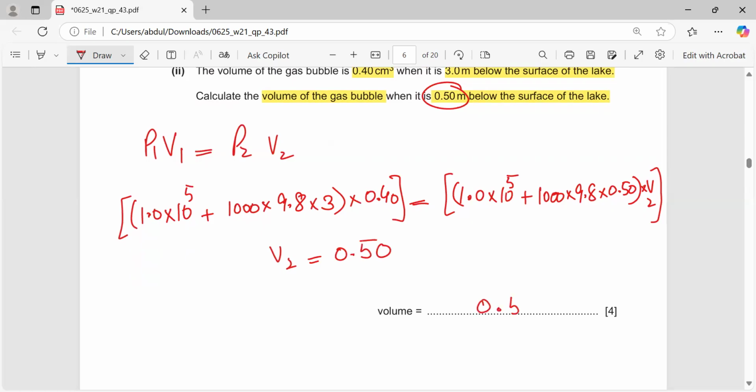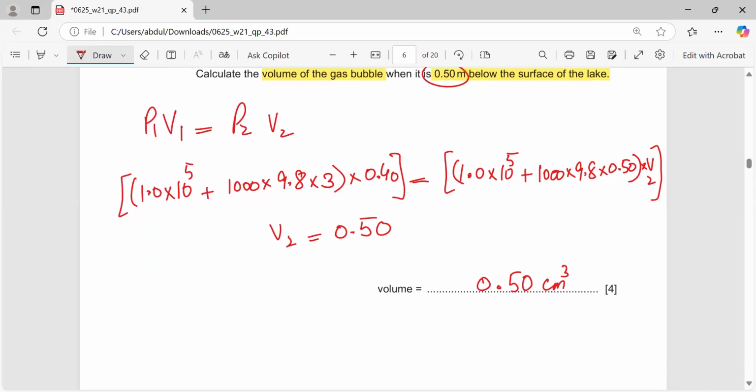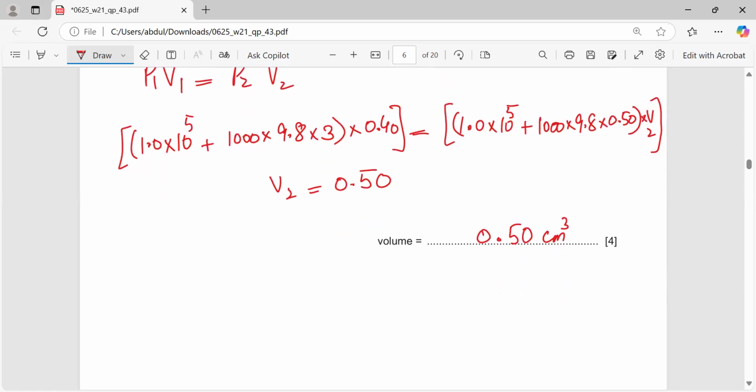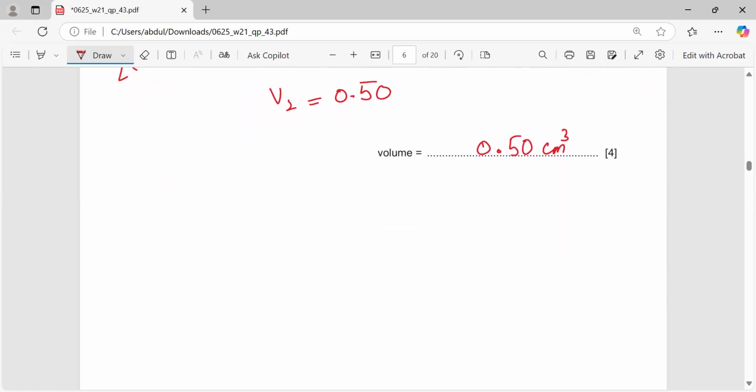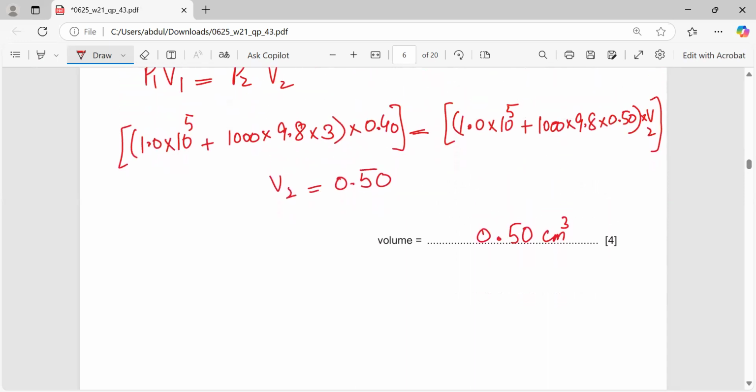So the rounded-off, estimated answer is 0.50 centimeter cube, but you have to be very careful. Atmospheric pressure, you are supposed to add up with the pressure of the liquid. So total pressure on the air bubble, wherever it is in the water, is the pressure of the air plus the pressure of the water on the air bubble inside the lake.